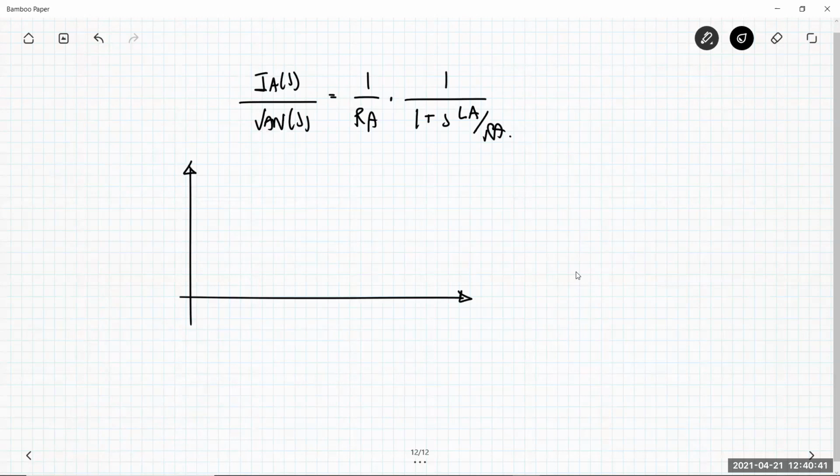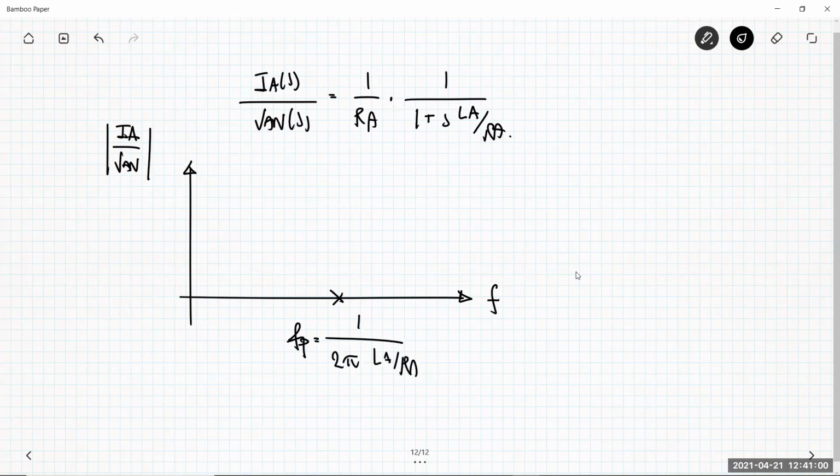If you draw the Bode plot of the magnitude, you can have IA over VA versus frequency. Then you have a pole here, which is FP, 1 over 2π LA over RA. You can see this is a low-pass filtering action, okay?